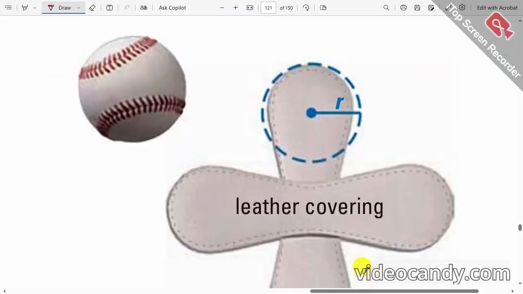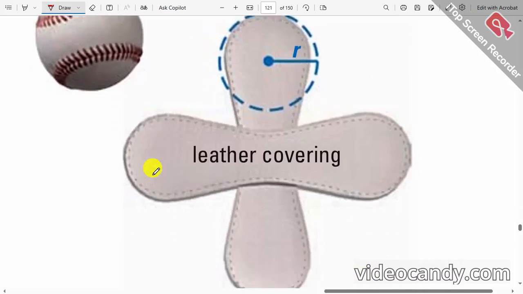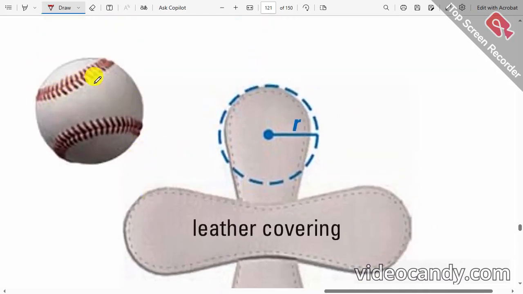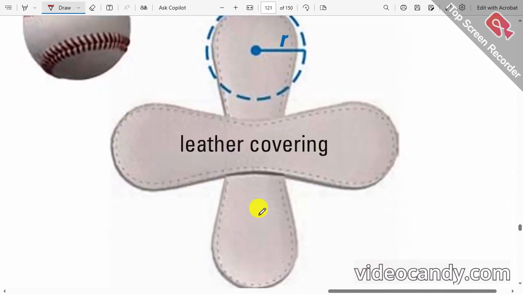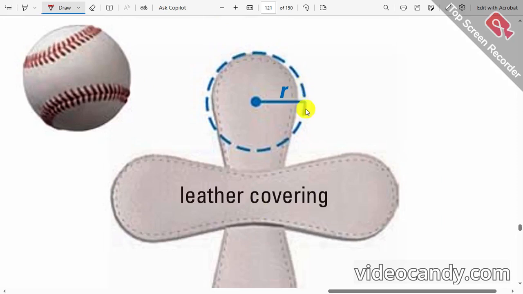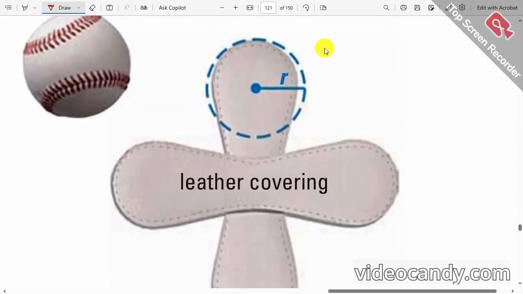Just for your information, so you can see how we got the formula, you can imagine the leather wrapping around a baseball. This is the leather covering unwrapped, and it basically forms 4 circles. If you recall, the area for just one circle is pi r squared.